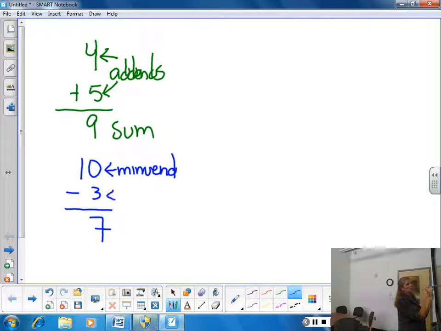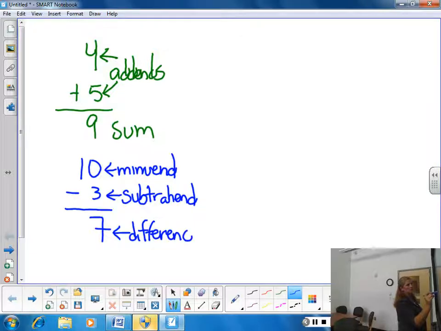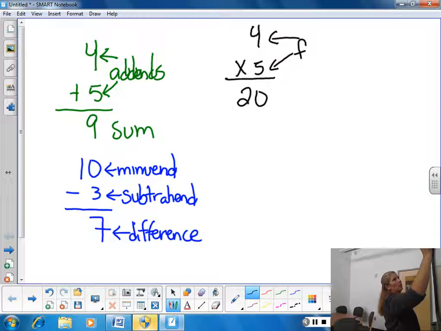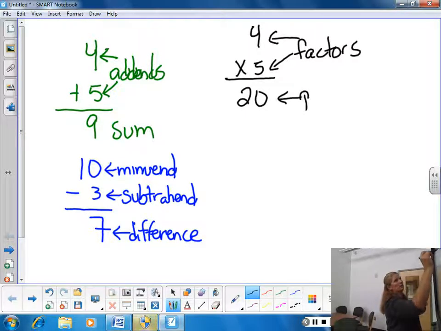The bottom number, the one that you're taking away, is the subtrahend. The answer is the difference. If you're multiplying, these numbers that you're multiplying together are called factors. And the answer is called a product.